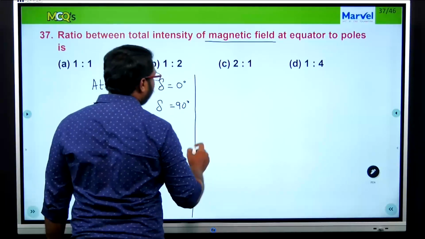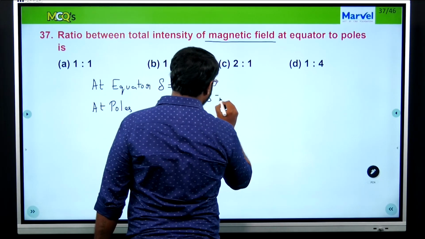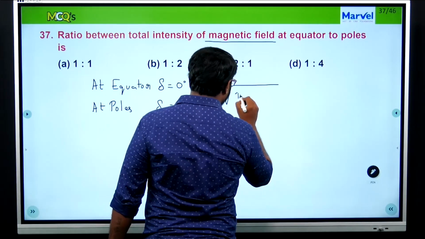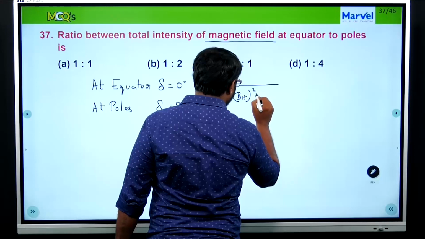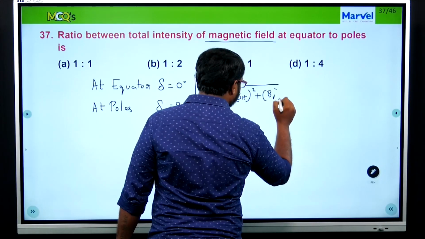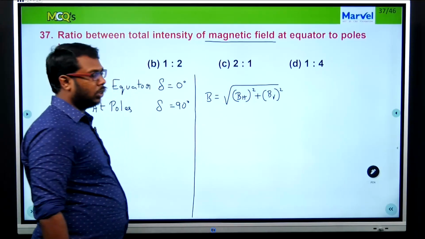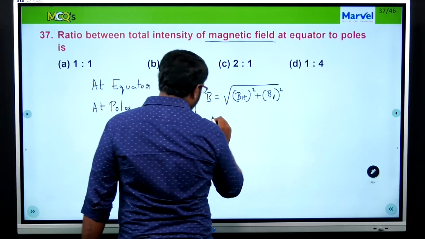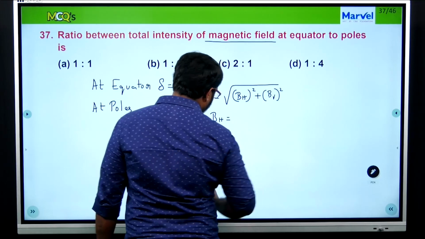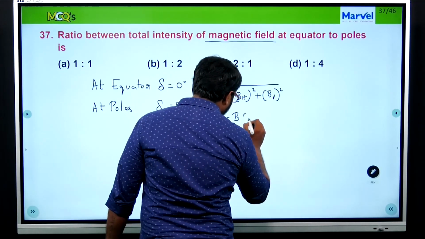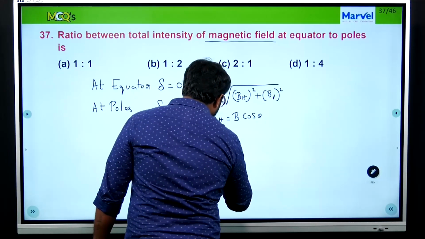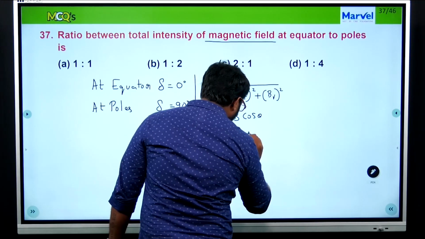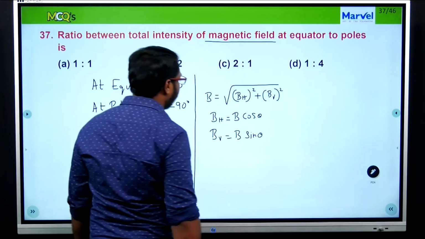So, the magnetic field B is equal to root of BH square plus BV square, and we already know that the horizontal component of the magnetic field is nothing but B cos theta, and the vertical component of the magnetic field is B sin theta.